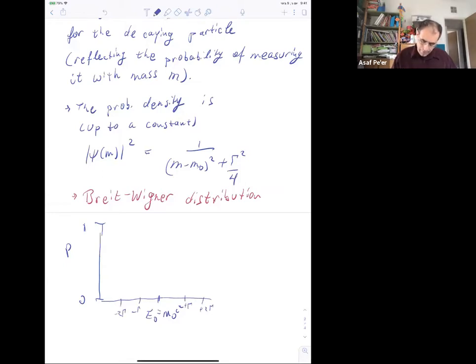It will look something like that, where exactly half the width is gamma, or you can use your favorite plotting software to plot it.